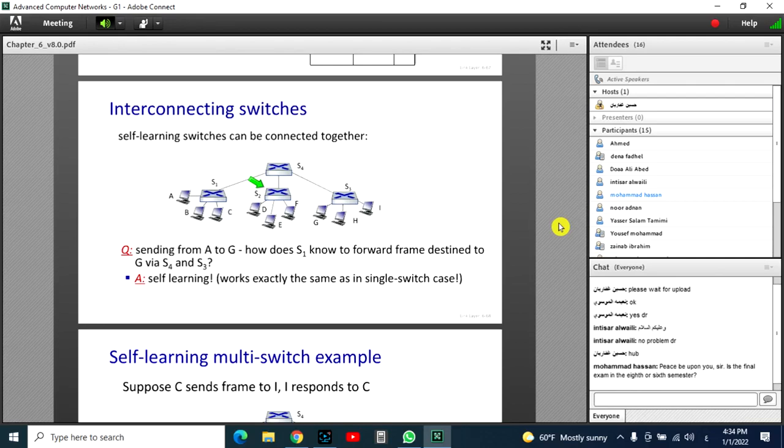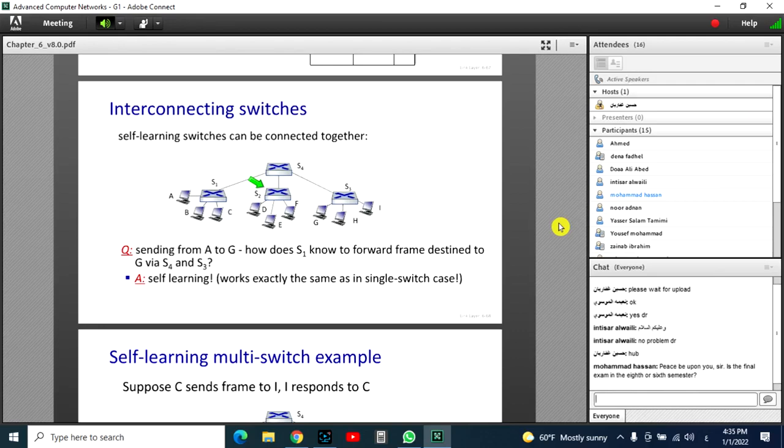Because in chapter 1 we talked about cables. We talked about UTP, twisted pair cables, and also we talked about fiber cables. Fiber cables are too expensive, but twisted pair cables are cheap.